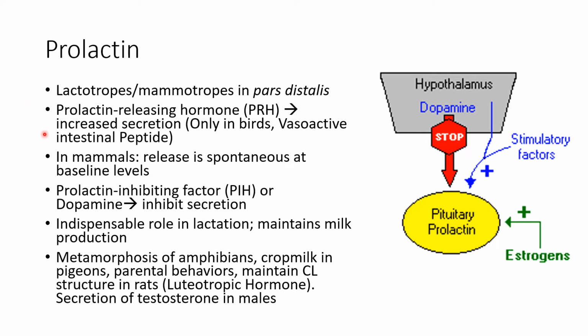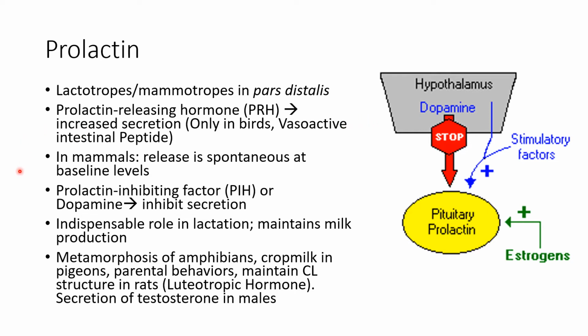So in general, it is accepted that there is a prolactin releasing hormone, and of course the role of that is to release the prolactin. So this is secreted by your hypothalamus. In birds, it is said to be your vasoactive intestinal peptide.